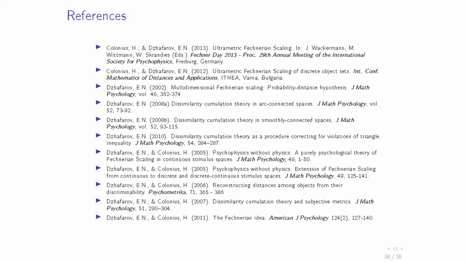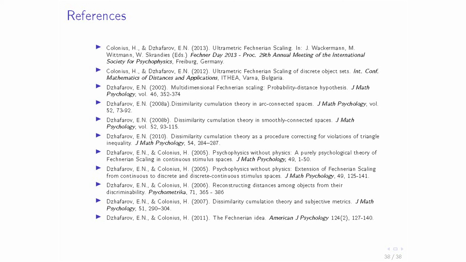Okay, this is just a list of papers, not complete on these things. We have only two procedure papers on the ultrametric Fechnerian scaling case. This is an early paper where Etibar defined the probability distance hypothesis and the idea of these observation areas.